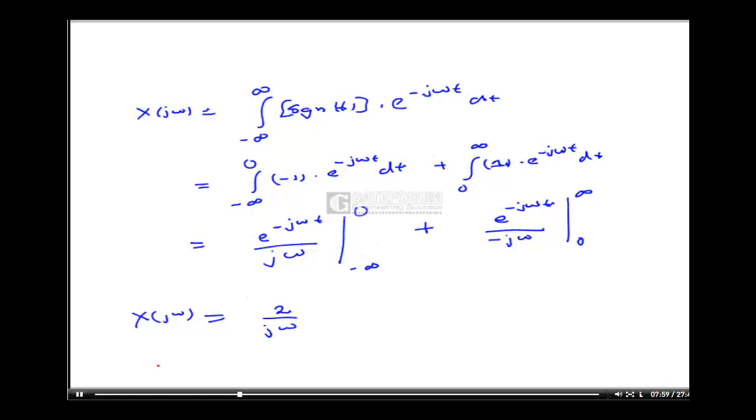Now, before taking the third problem, we will just understand what the duality property is.